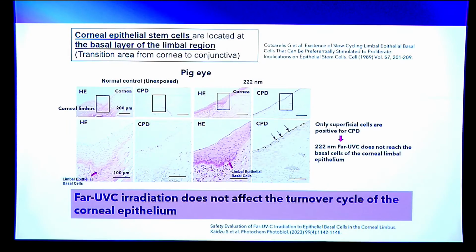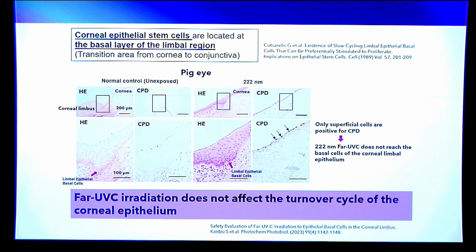Since the cells that compose the corneal epithelium are differentiated and migrate from basal cells, it is important that stem cells, the source of basal cells, are not injured in order to maintain homeostasis and the normal turnover cycle of the corneal epithelium. Therefore, we investigated the penetration depth of 222 nanometer Far-UVC in the corneal limbus, where the stem cells of the corneal epithelium are known to be localized at its basal region.